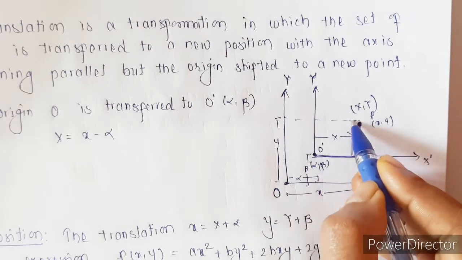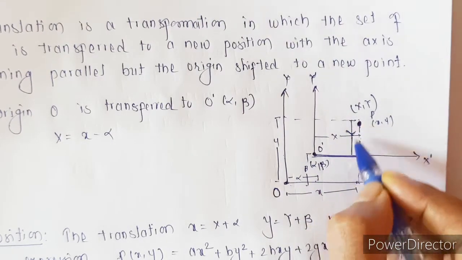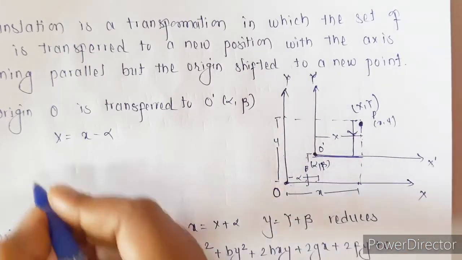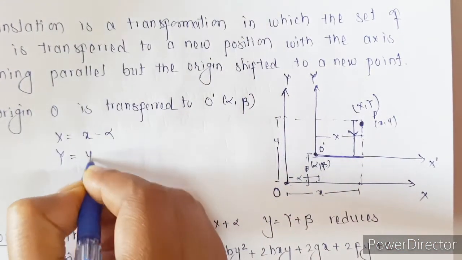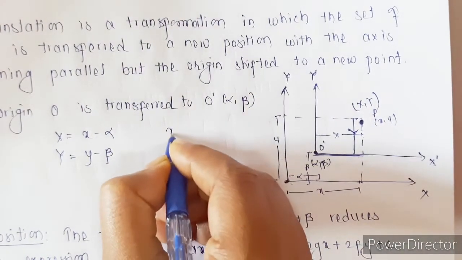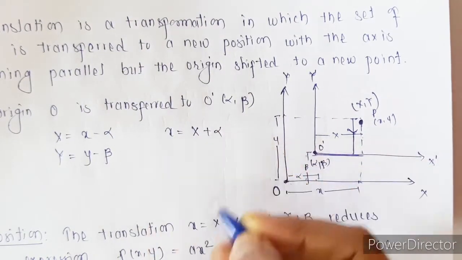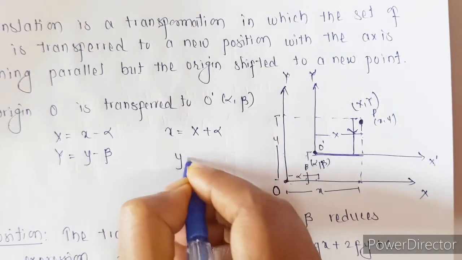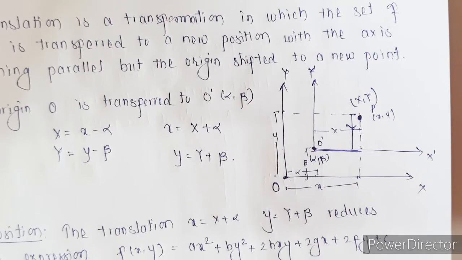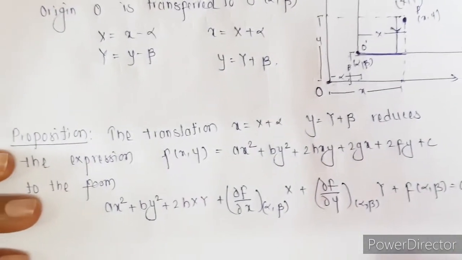Similarly, capital Y is nothing but y minus beta. Or we can write this as x equals capital X plus alpha and y equals capital Y plus beta. Now let's look at this proposition.